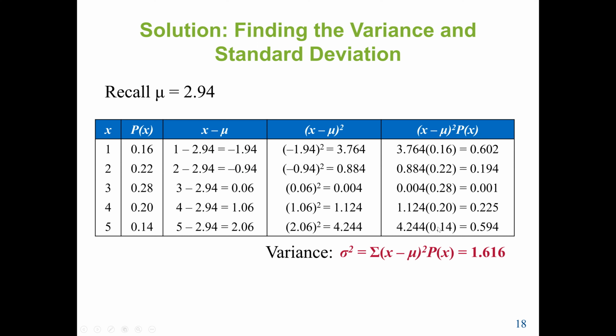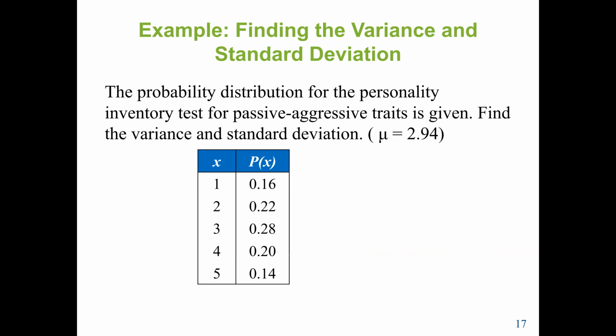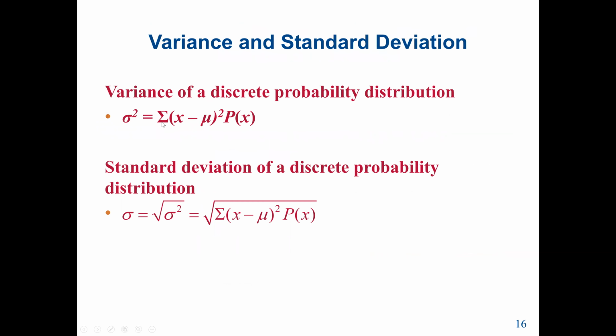And that's what we did here: multiply by the difference of each X and the mean. Then after we finish, again, we sum everything. So we get 1.616. Again, we can look at the actual formula from our definition. We have the sum here, so first of all, find the difference of each.